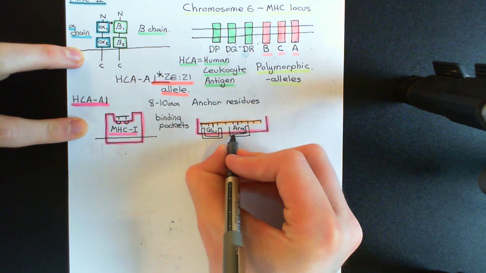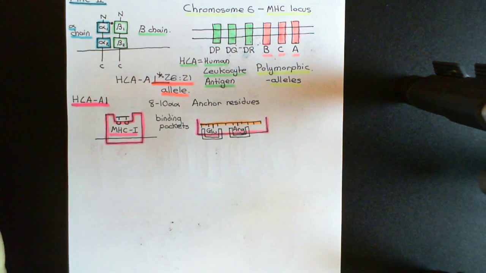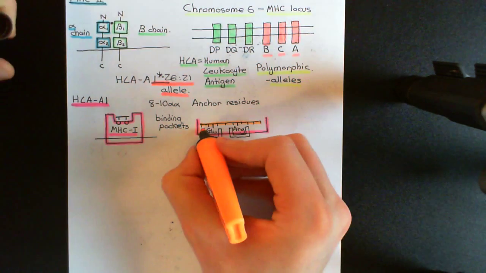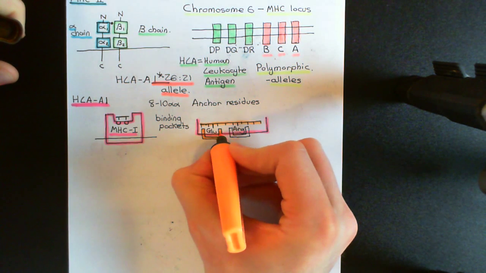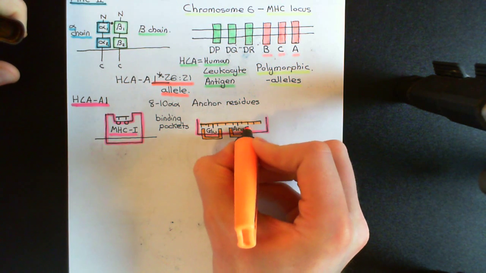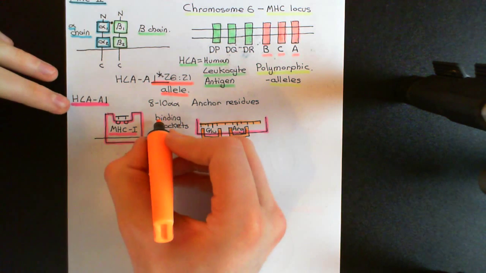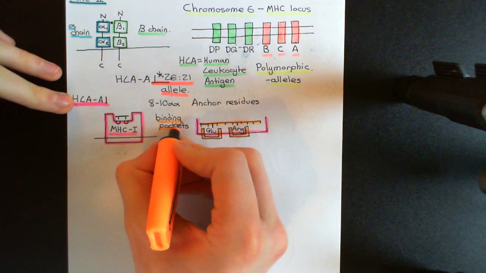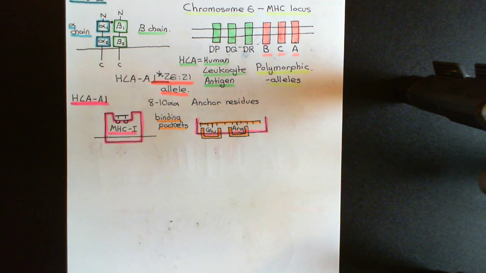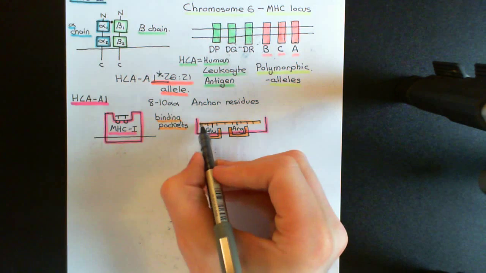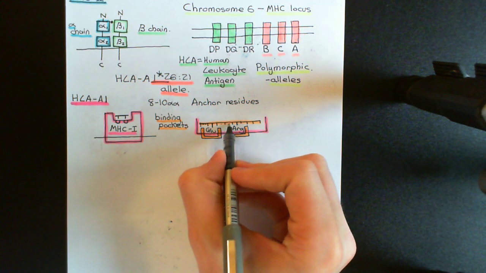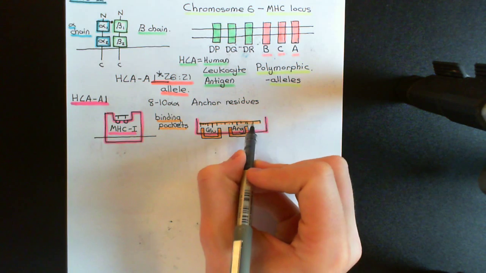And this arginine might have to bind in some specific little binding pocket here on the peptide binding groove as well. So here's a little pocket and here's a little pocket. So these are the specificities. This is what determines when a peptide fragment can actually bind in this binding groove. There are certain little binding pockets on the surface of the peptide binding groove, and in order for the peptide to be able to bind, it doesn't matter what's in position 1 or position 3 or position 4 or position 6 or position 7 or position 8.